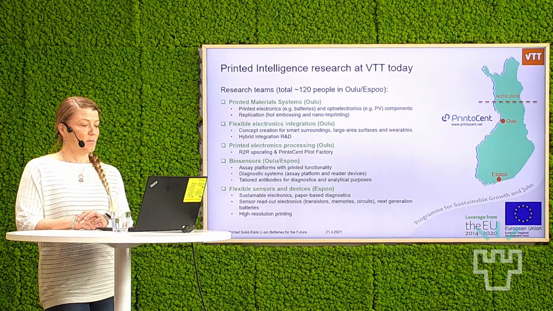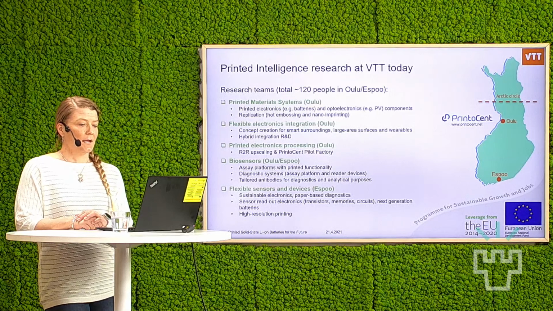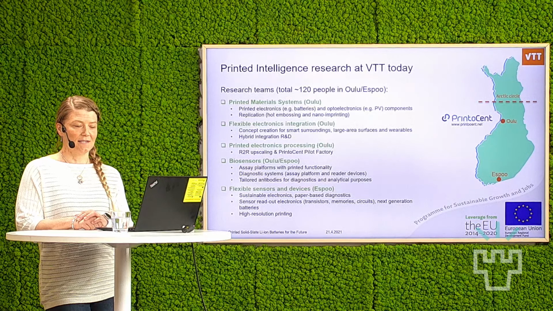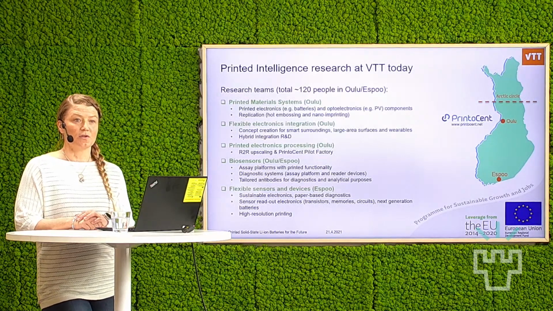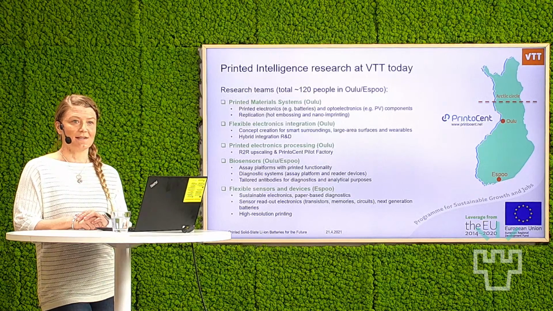And in Espoo, we have part of the biosensors team and also a flexible sensors and devices team. In Oulu, we are also the home of the Printocent community, which is aiming to commercialize all products arising from the printed intelligence.